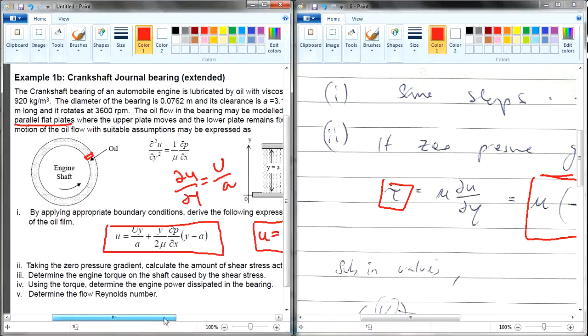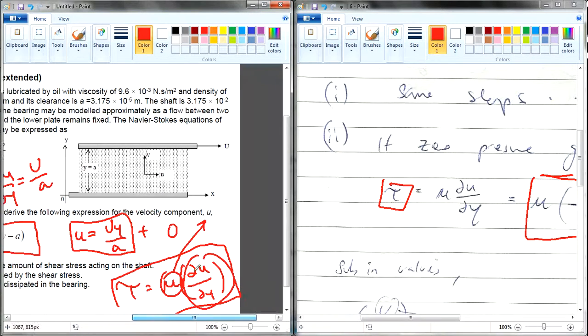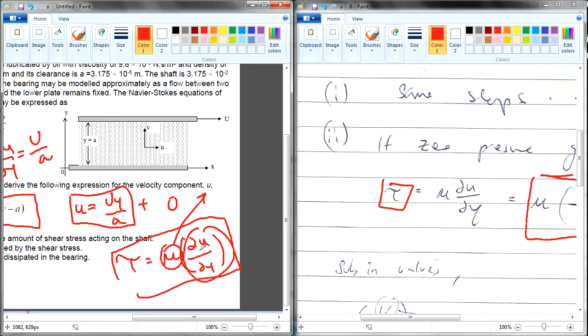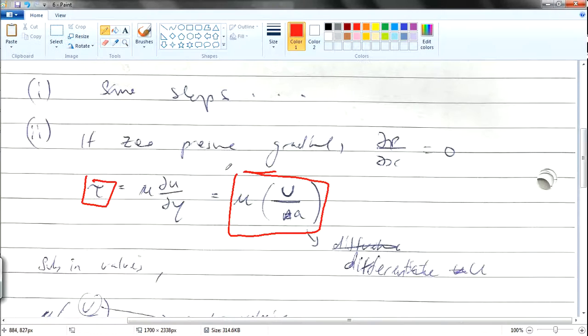We have reached over here. Partial u partial y is actually U over a, so you can replace this as U over a. So it's the same exact thing as this.